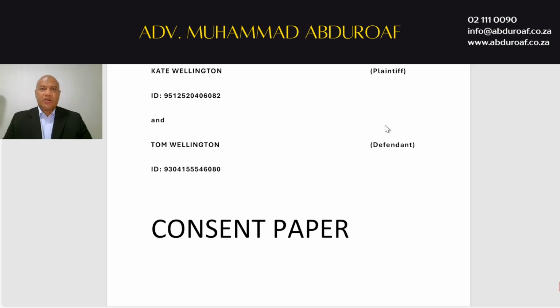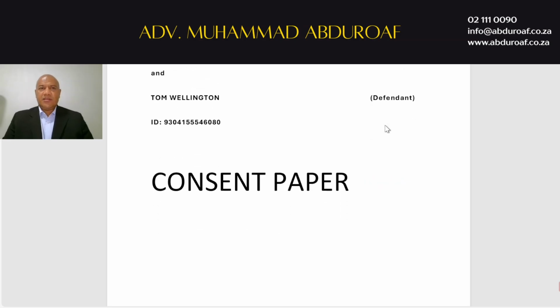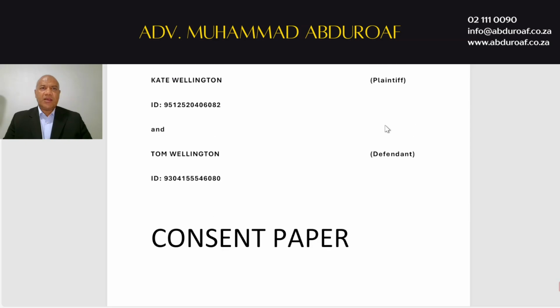Now let's deal with the consent paper. This is a blank consent paper, but usually in the consent paper, you will stipulate that neither party would be claiming support from the other. If there are properties involved, it will deal with how to divide the joint estate, or it might state that Tom may keep this house and Kate may keep that house.